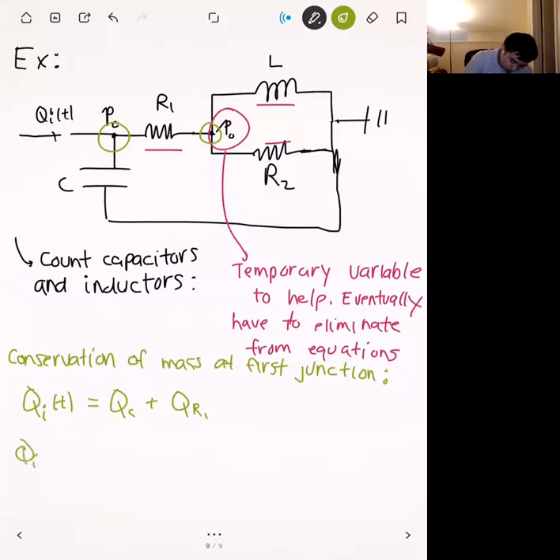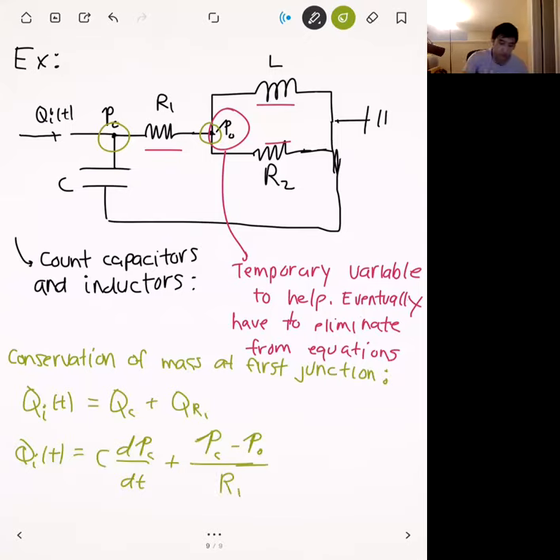So we have Qi of t. Qc here is going to be dpc dt. And then Qr1, the flow on the first resistor, is going to be Pc minus Po, notice here I'm using that temporary pressure, divided by R1.